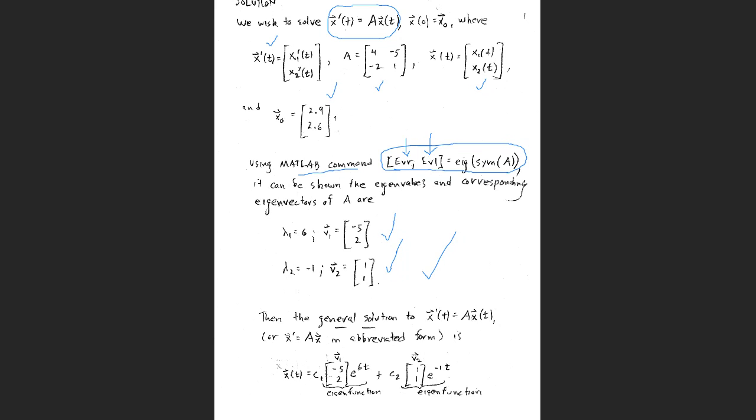You don't have to call it EVR and EVL. I just use that because it's descriptive. When you use this MATLAB command, it's going to generate eigenvalues and eigenvectors, and the eigenvectors are going to be the columns of this matrix EVR, and the eigenvalues are going to be along the diagonal of this matrix EVL.